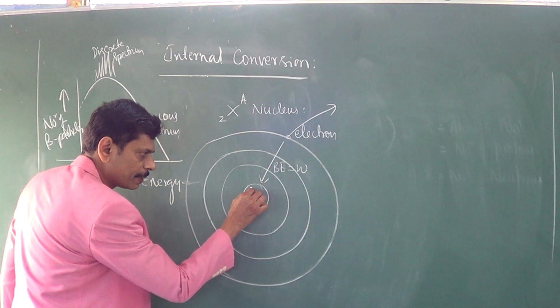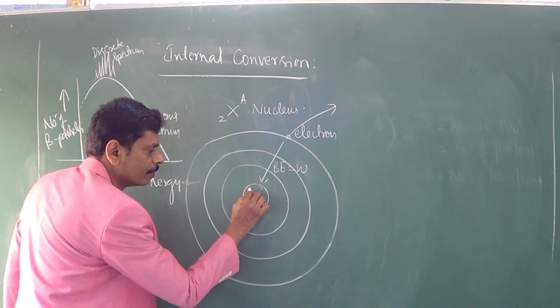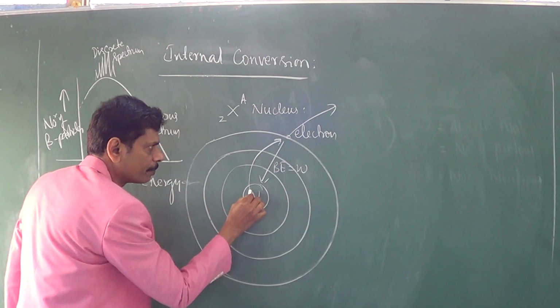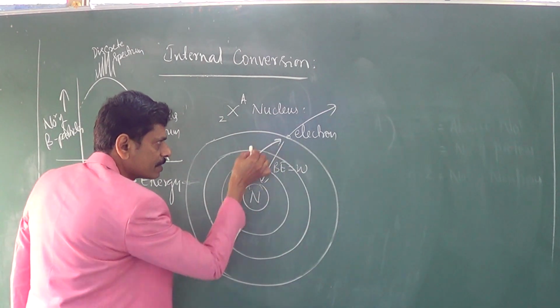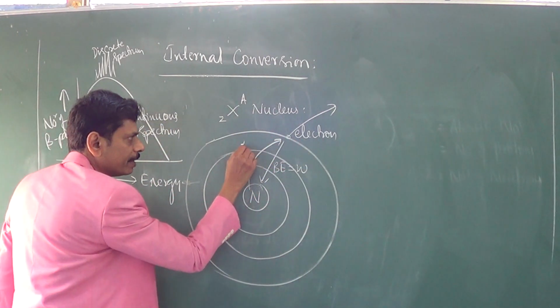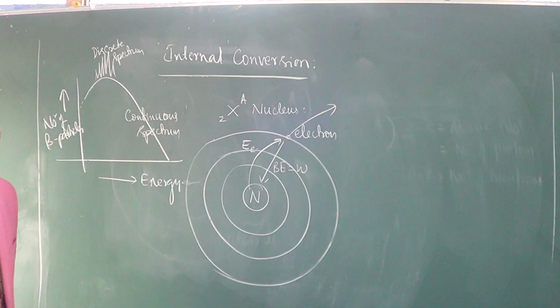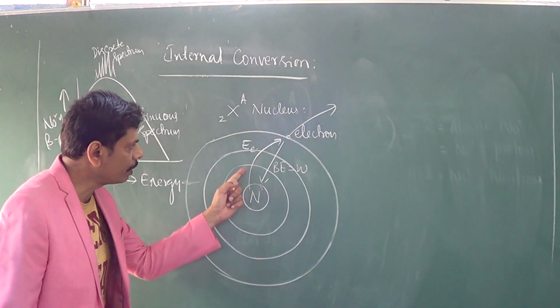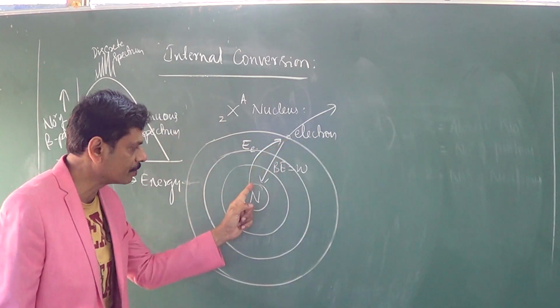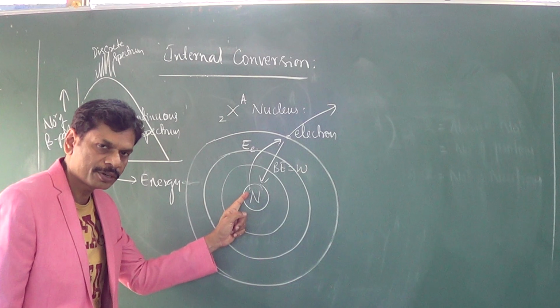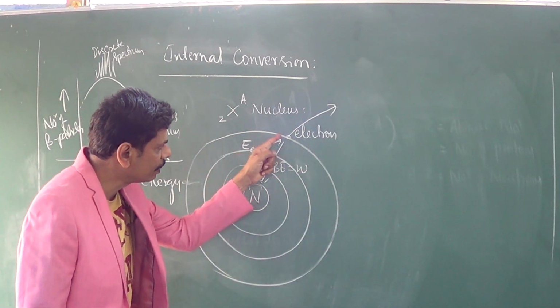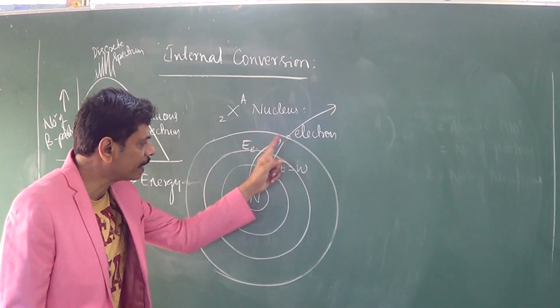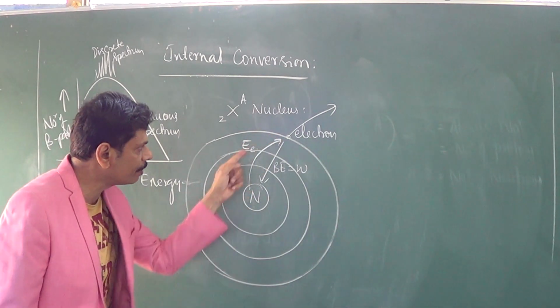Whatever energy the nucleus gives to the electron, I am going to consider as E suffix E. What is that E suffix E? It is the available nuclear excitation energy, the excitation energy of the nucleus that has been imparted to the electron.